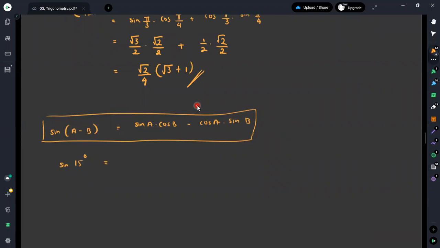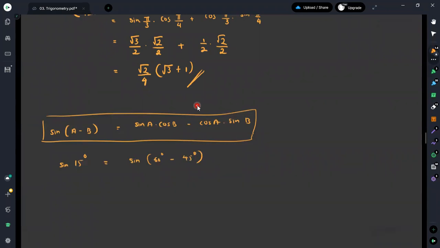Using the compound angle formula, we can write sine 15 degrees as a combination of two angles. Since it cannot be written as an addition of angles, we write it as sine(60 degrees minus 45 degrees).